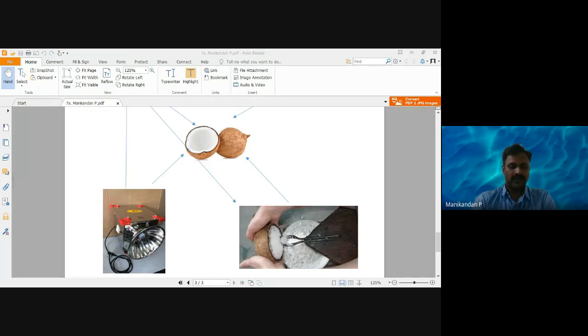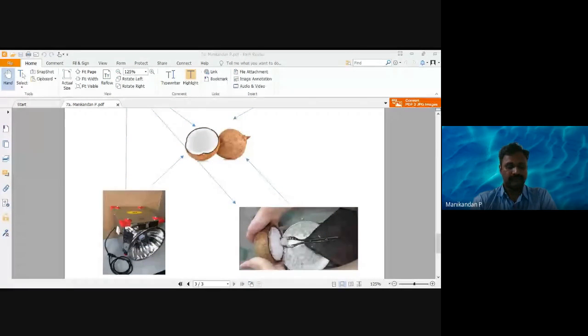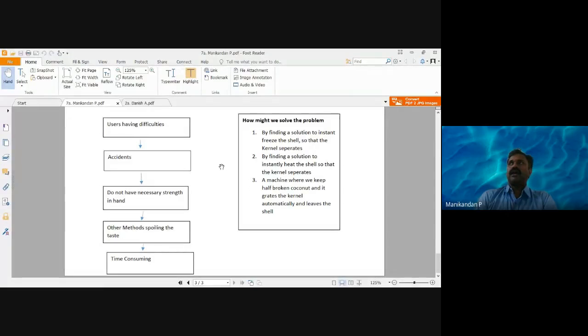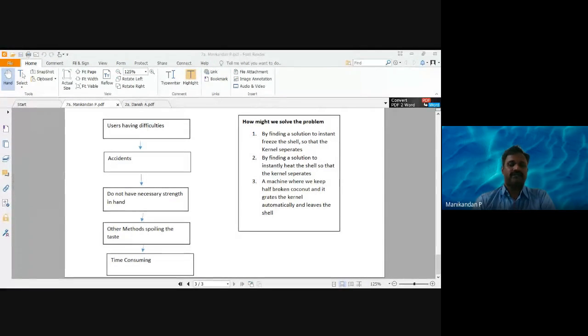Further, when I did deep diving, I found that accidents are a major problem. People get scratches on their hands and all this. Every time my wife wants to grate coconut, she calls me, so I go and help there. But then I said, since I am from the industry, why not get her a machine which we use commercially?